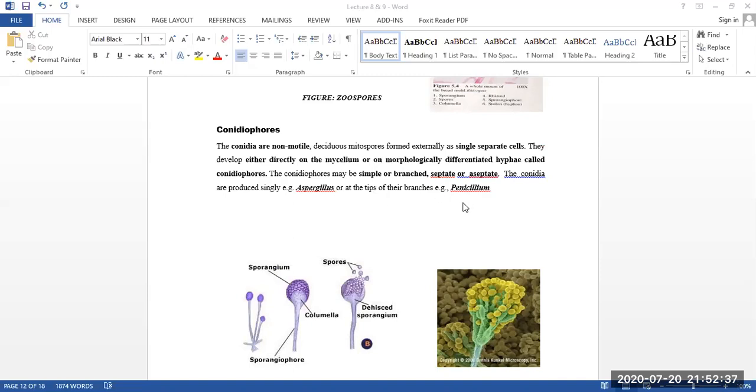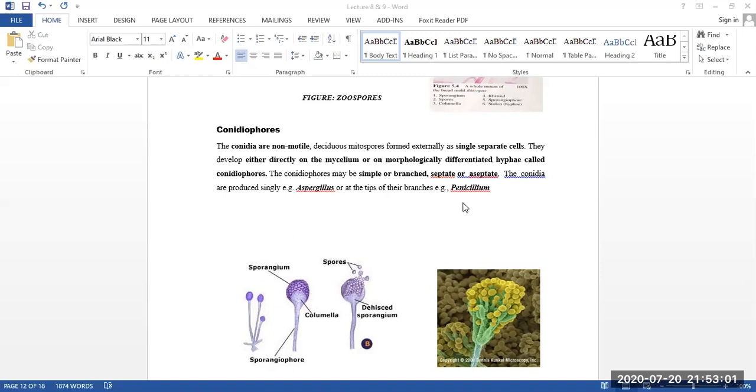So these are the three kinds of asexual spore formation in fungus. Sporangiospores can be motile or non-motile and are always present in a sac-like structure; when the sporangium breaks down, the spores come out into the environment and grow into a mycelium.